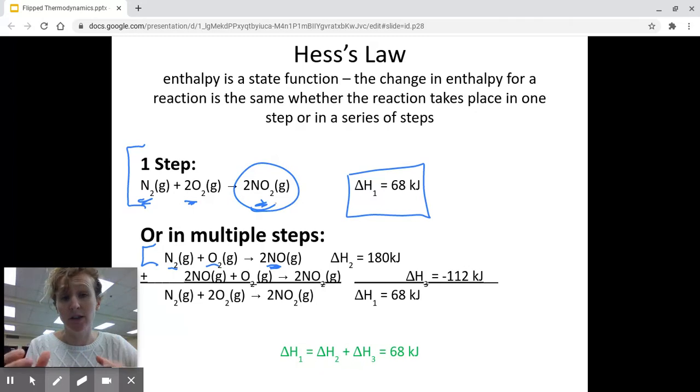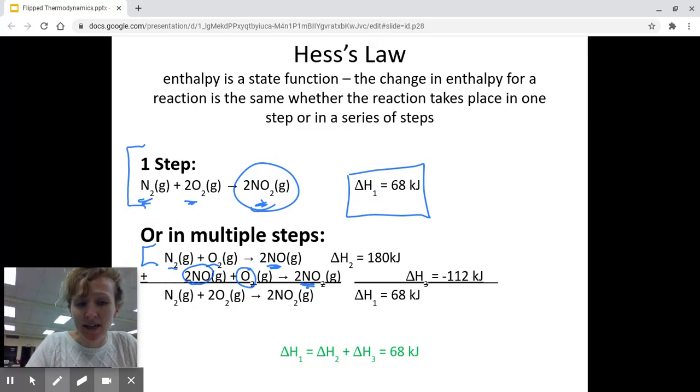They're forming this intermediate that doesn't show up as a reactant or a product, right? And then NO in turn is going to react with oxygen and form NO2. So it's a multi-step process similar to a recipe for baking.